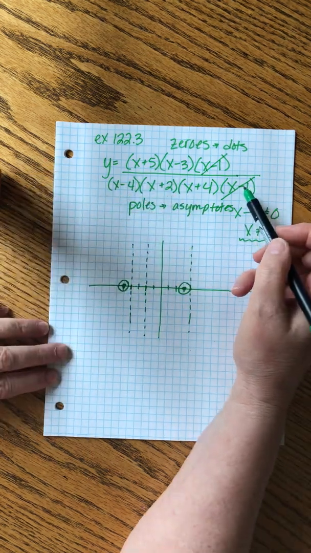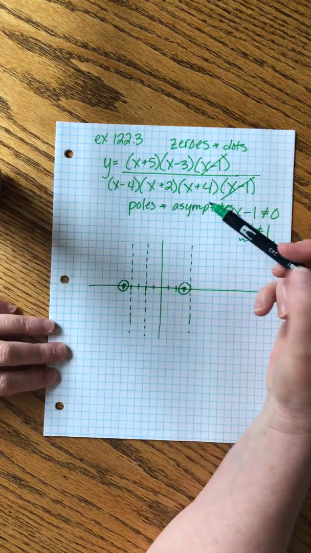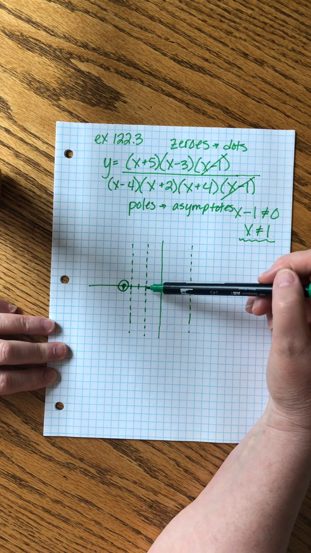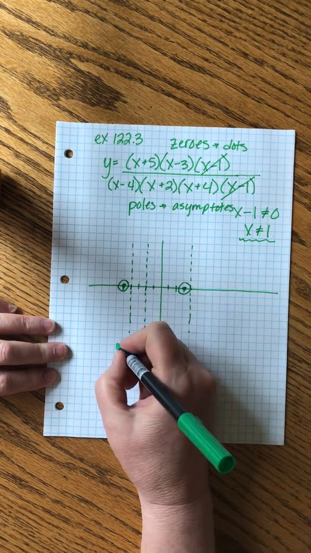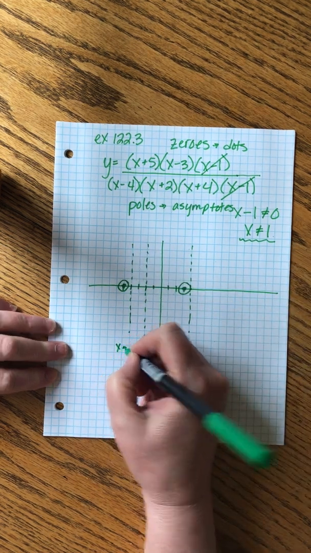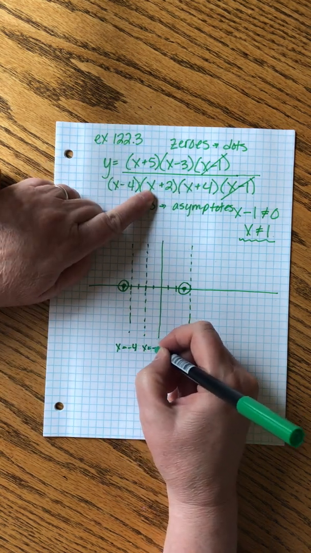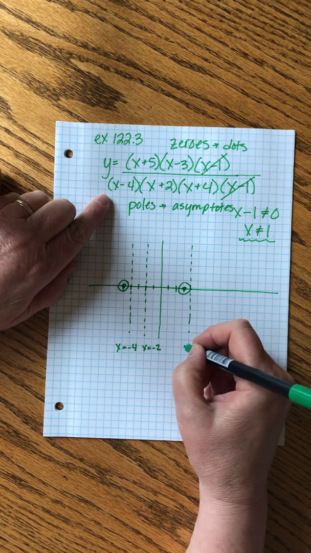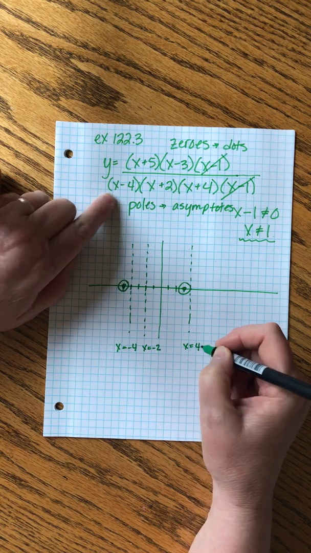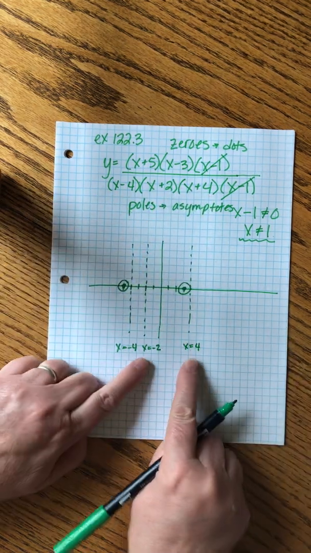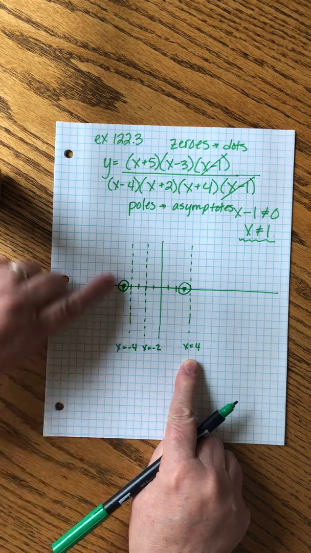And then that's all, because we canceled that one. Okay, negative 4, negative 2. So this is x equals negative 4, x equals negative 2, and then this is x equals 4. So there are the way our three poles translate to the three asymptotes.